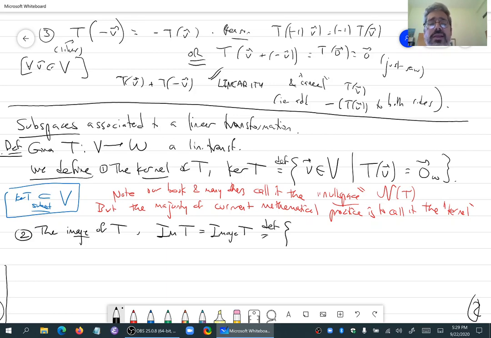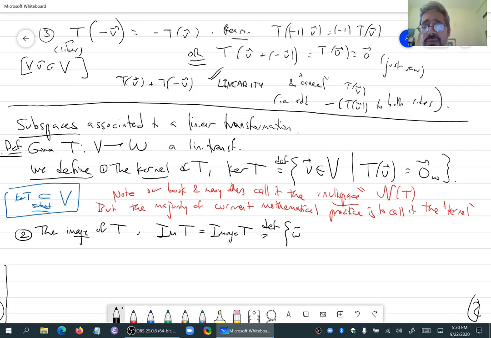And this is, in some sense, an easier concept for people, but when you actually write out what it means, it's a bit harder to say. So this is all the possible values it can take. So sometimes this used to be called the range, but sometimes the range used to be the codomain. So let's just call it the image.